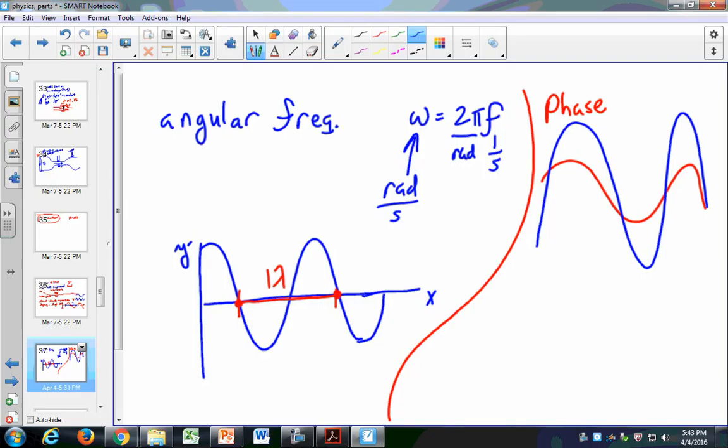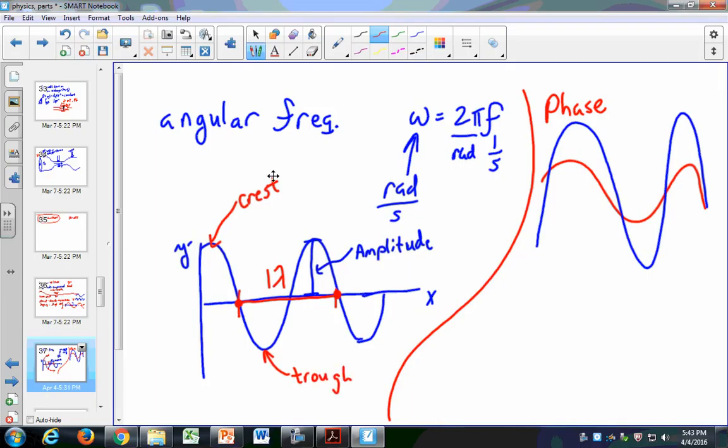Now these waves have different amplitudes. The amplitude, by the way, I didn't say this, but the amplitude is the distance of the highest peak. This is the amplitude. We usually call the top parts of these crests, like the crest of a wave, and we call these troughs.